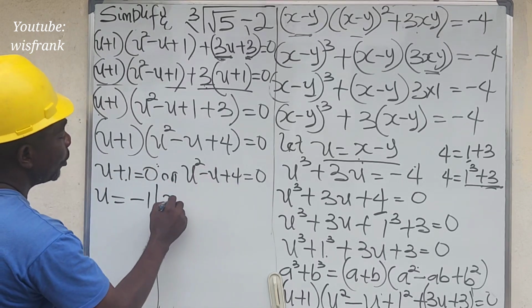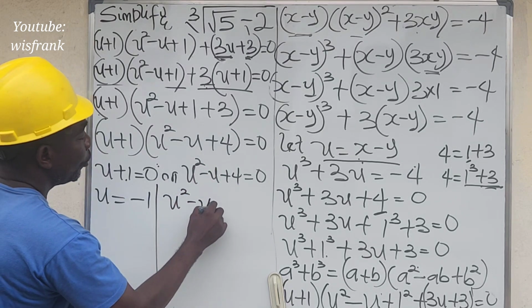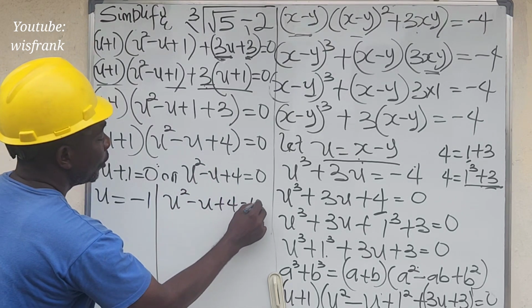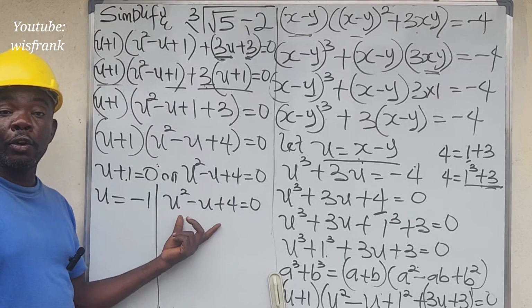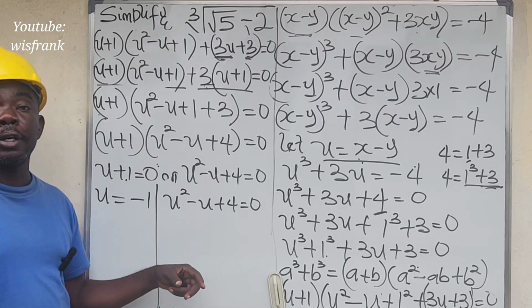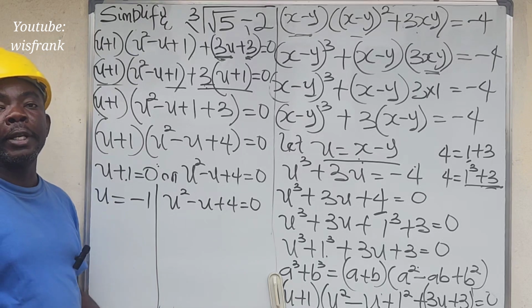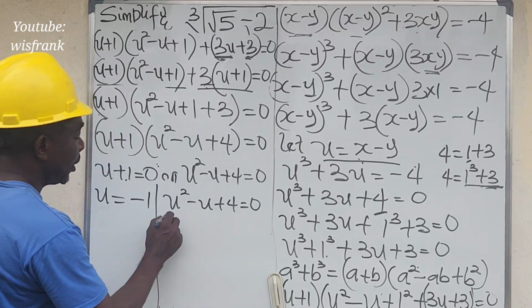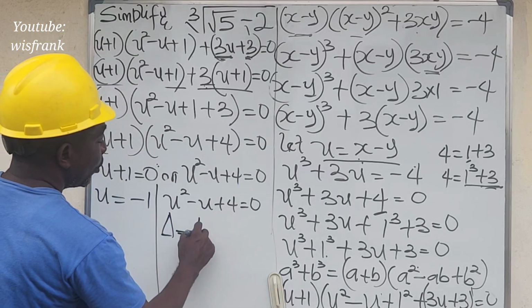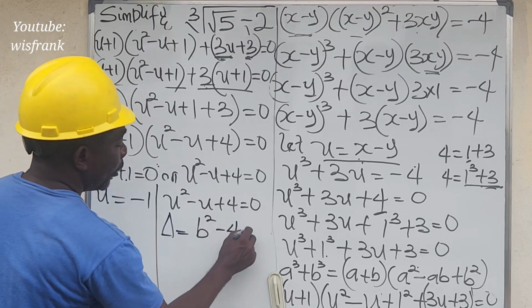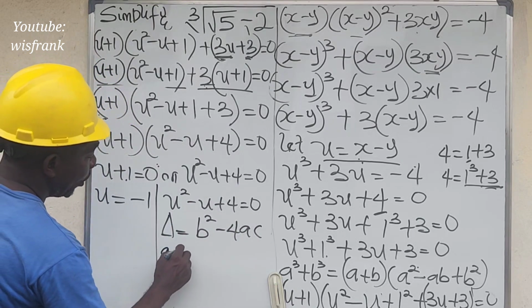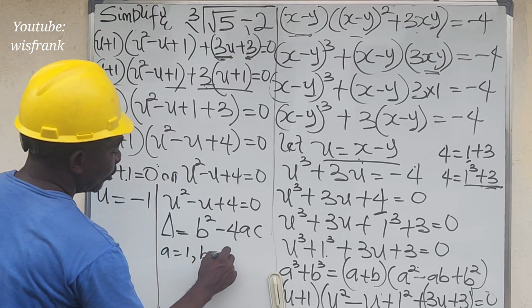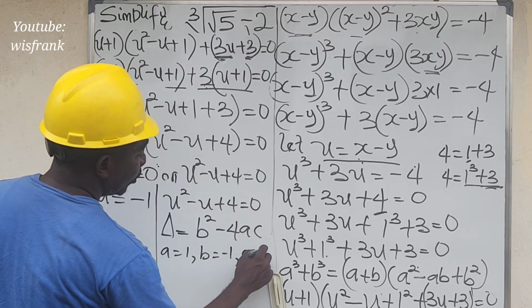So this second one, which is u to the power of 2 minus u plus 4 equals to 0. We are going to check whether the solution of this equation has a real root by using the discriminant formula, which is discriminant equals to b to the power of 2 minus 4ac. So in this case, we have the value of a equals to 1, b equals to minus 1 and c equals to 4.